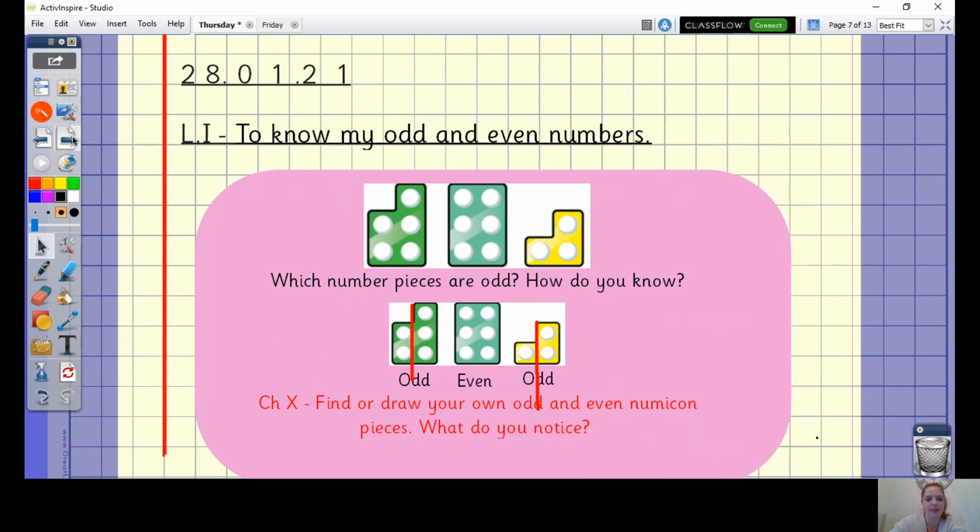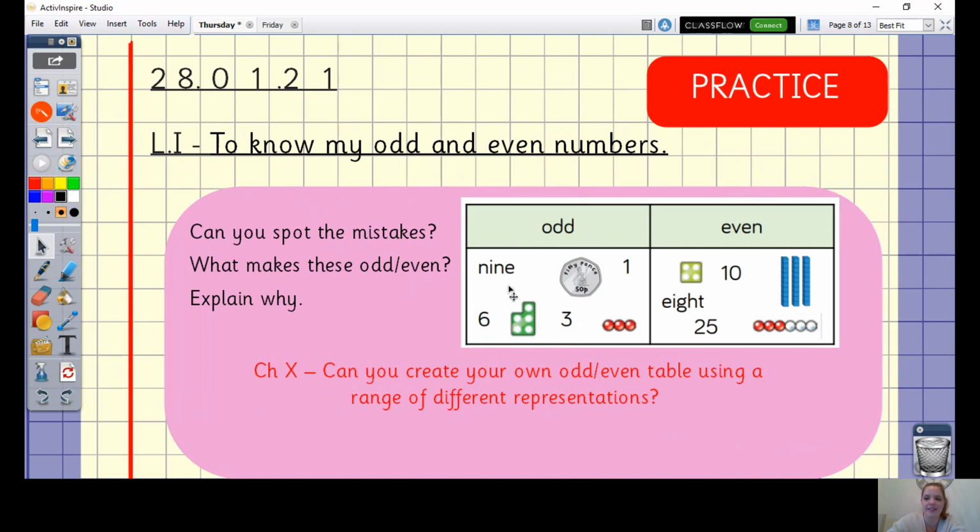Okay, moving on then. So finally, for your practice then, you've got a table here which is showing us some different representations. Some representations is the number written in words, some is the number written in numbers, some is base 10, Numicon, money, all sorts. Okay, so I want you to go through and look at each representation separately.